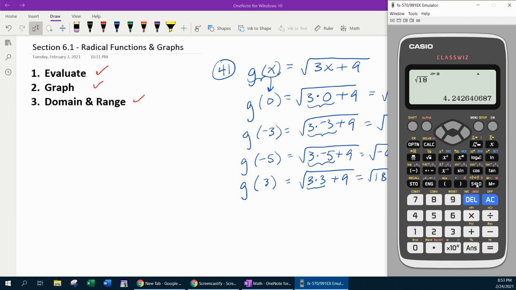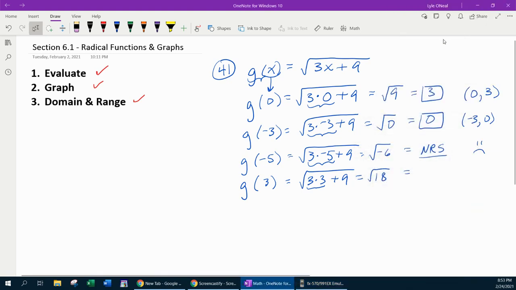So probably you're going to need simplest radical form if it says give the exact value, or if it just says to graph, it's a lot easier to plot a decimal number. Got that? So we're going to say 3 square root of 2, which is approximately 4.2. So that does it for the evaluate part.